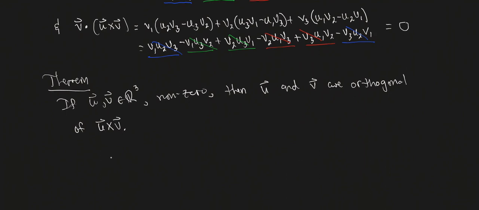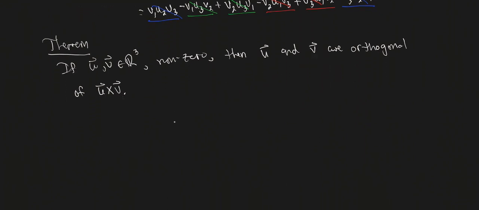So here is the picture that goes along with this. For instance, if I have my two vectors, so let's say that's u and this is v. Again, these vectors could have any angle between them, assuming that they're not pointing in the same direction.